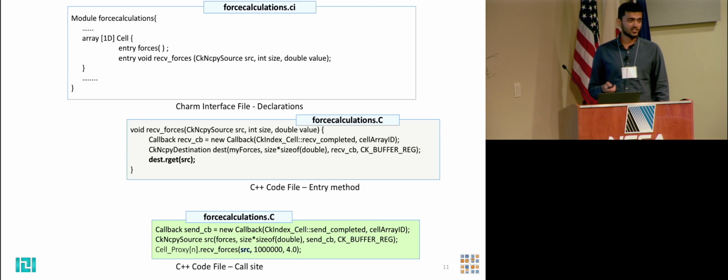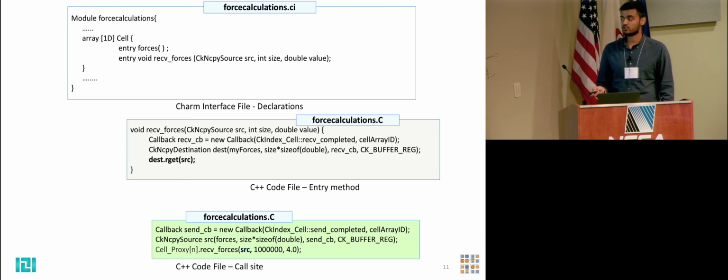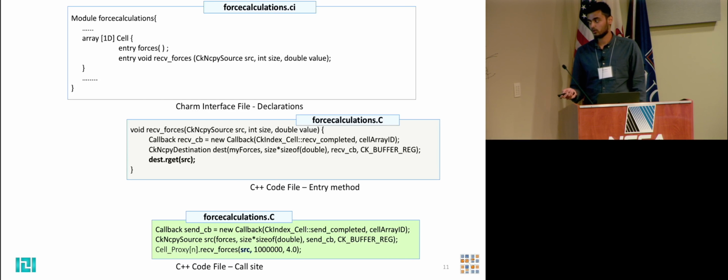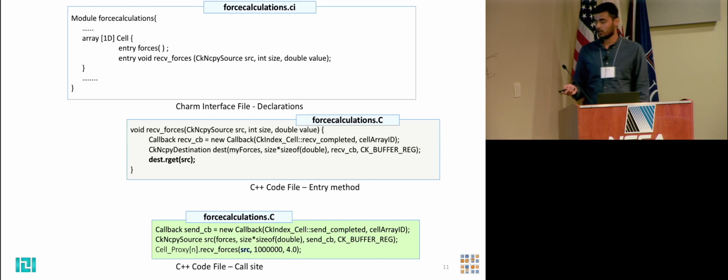And the user, just like any other parameter, passes a ck_no_copy source, and that particular no_copy source is declared with the array and the size and also a mode. Don't worry about the mode, I'm going to talk about it, but in case the mode is not specified, a default mode is used and the operation still works.